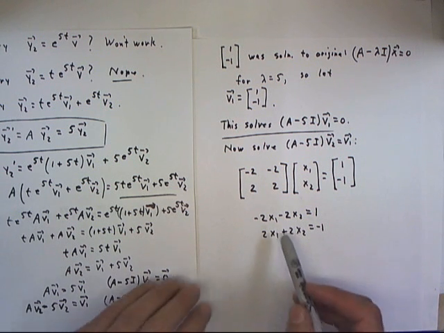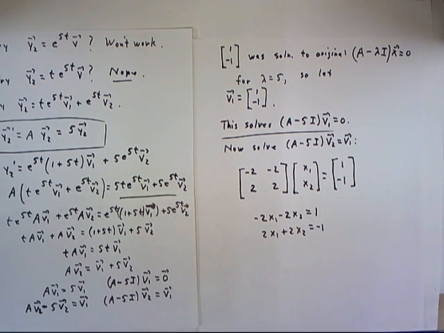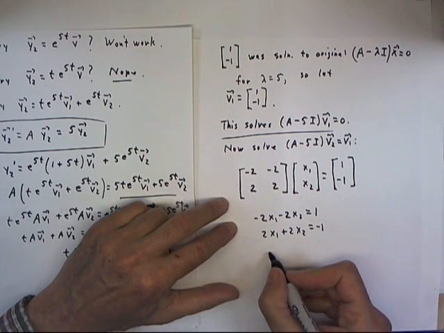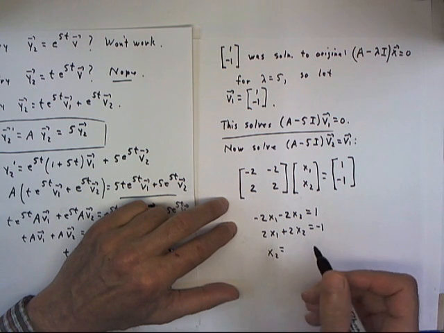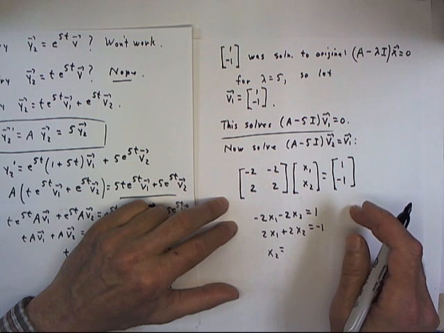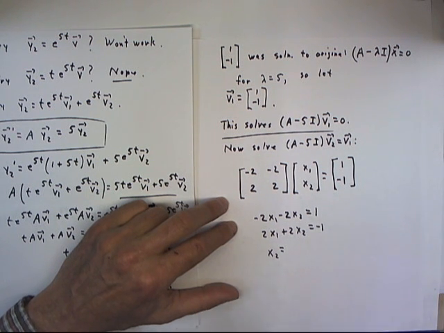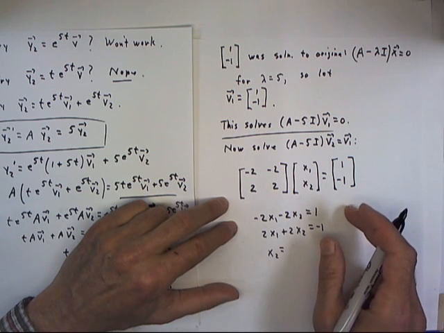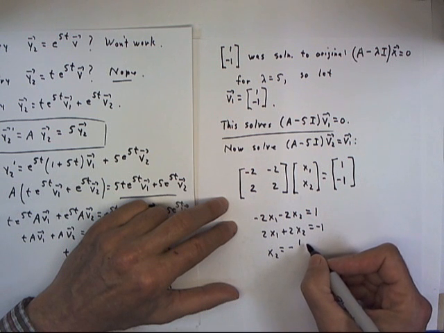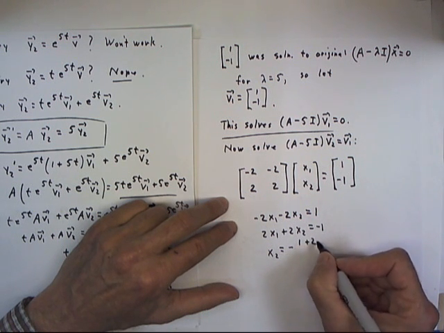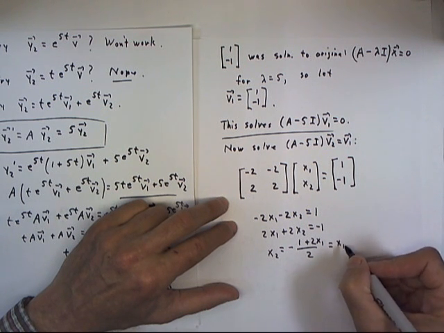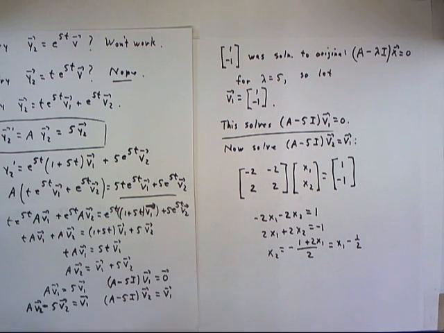Now, just as before, we don't get a specific solution for x1, x2. Our solution to this equation, if we solve for x2, is going to be x2 equals what? -2x2 is going to be 1 + 2x1, so that x2 is going to be (1 + 2x1) over -2, or -(1 + 2x1)/2, which is -x1 - 1/2.